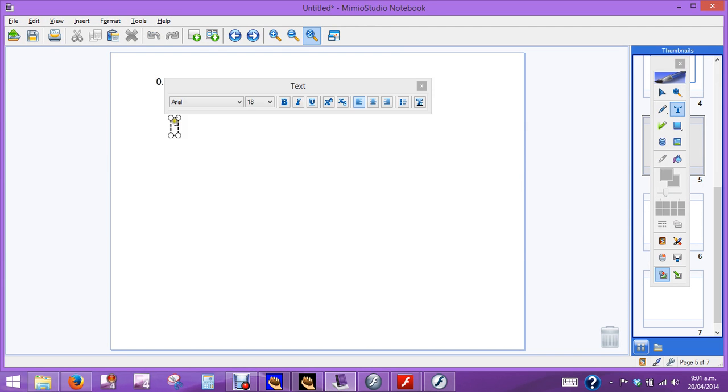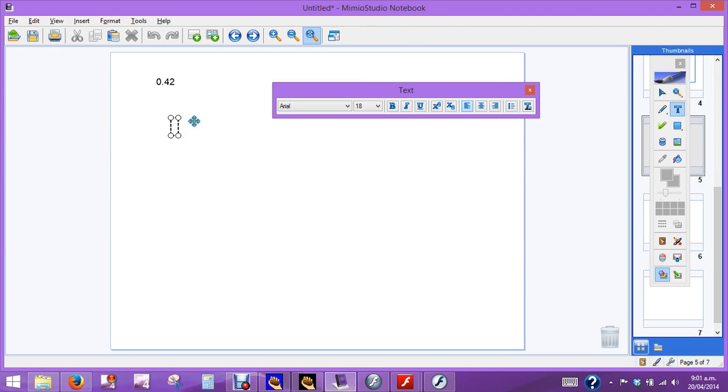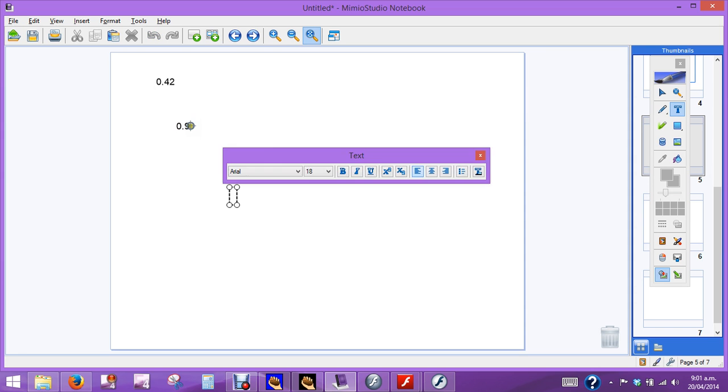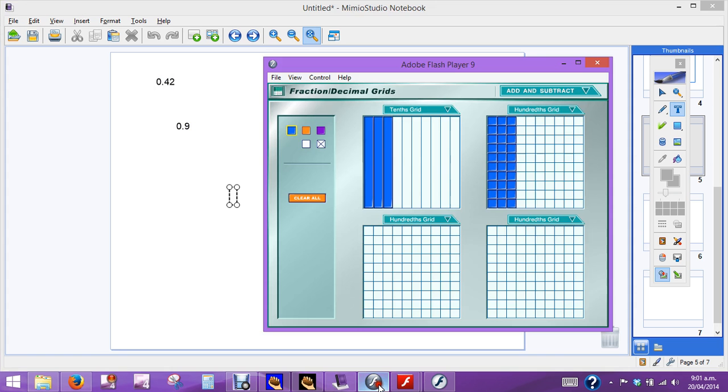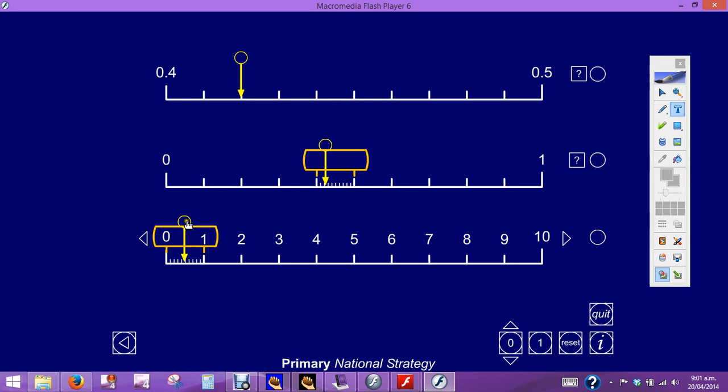0.42. Now let's compare it to another decimal number, 0.9. Now a lot of people think that 0.9 is smaller than 0.42 because 9 is smaller than 42, but if we just come over to our number line here, 0.9 is in fact bigger because it's 9 tenths.